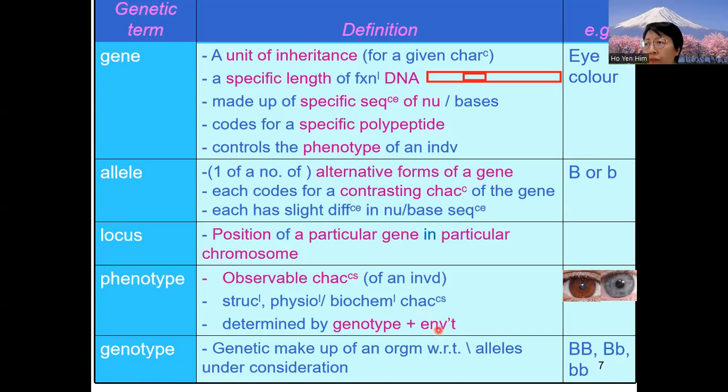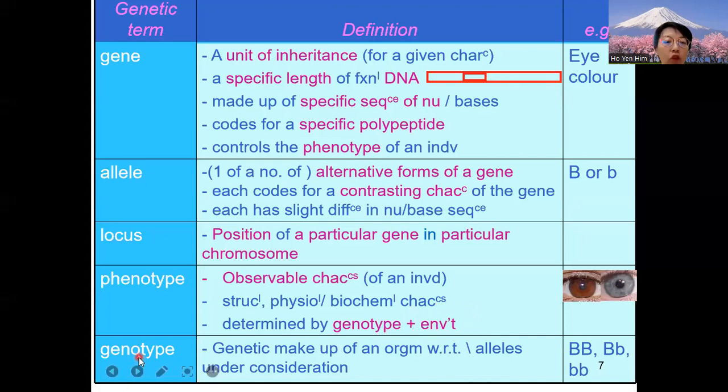Also, let's say your parents are very tall, but you don't have enough nutrients when you're growing up, say from 10 years old until 18 years old, and you don't really exercise, then you will not grow to the maximum height that your genotype codes for. So your final phenotype still depends on the genotype plus your environmental factors.